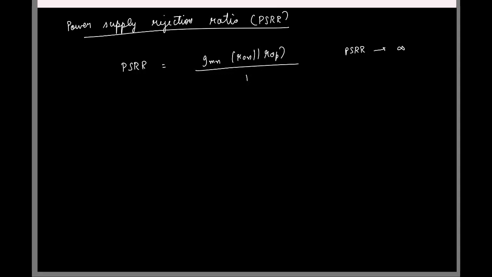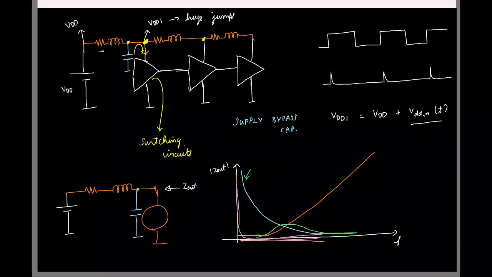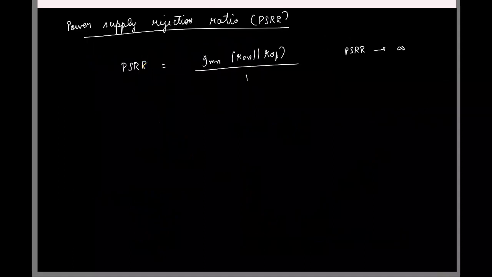So the bottom line of all these discussions is that if you have a single-ended output like this in our systems, it is highly sensitive to any variations in ground as well as variations in VDD. Okay. So in short, I'll just write it like this.